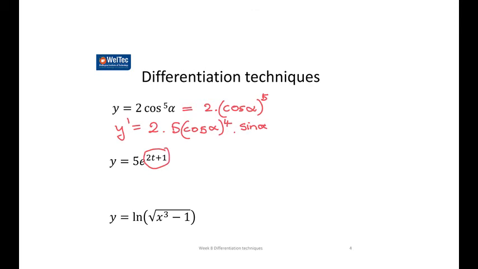This one is your kind of inner function, so the derivative is going to be the derivative of the inside function, which is 2 times the 5 that's already there, times the rest.